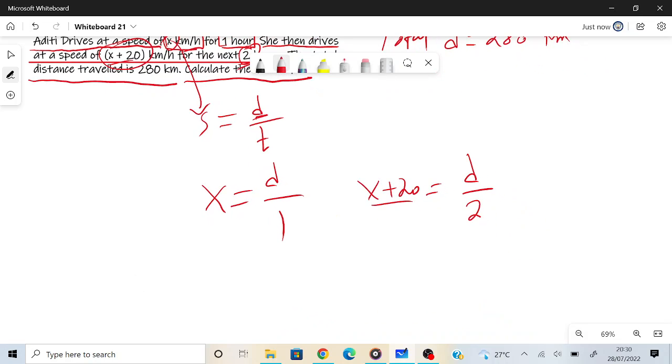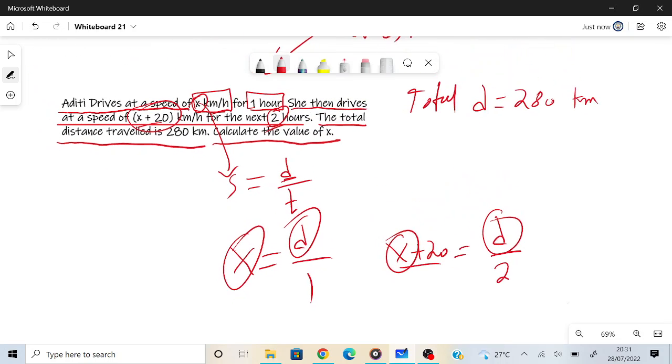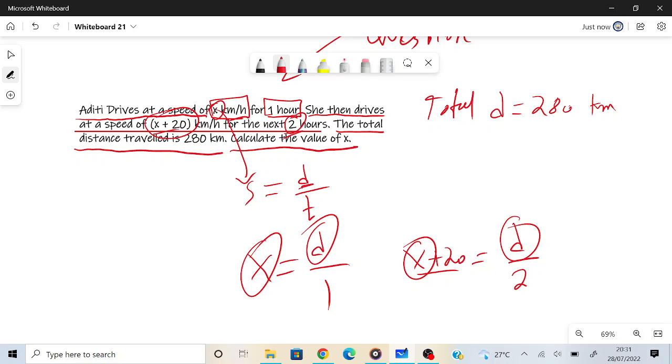Now you can see I have two unknowns: I don't know the distance, and I don't know x. I know the total distance is 280 kilometers. That means the distance in this part and the distance in this part, if I add them together, I would get 280.